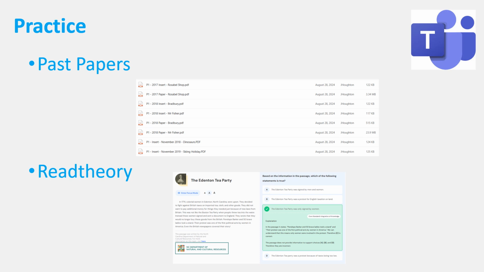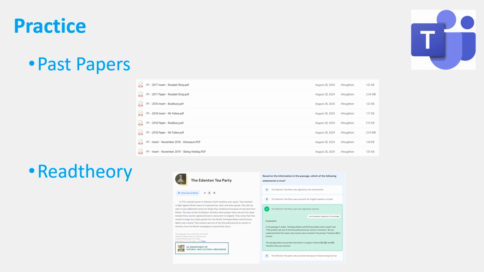However, there are lots of things which are great about it. First of all, it's free, and secondly, it broadly mirrors the kinds of skills that are being tested in the English language exam. It asks you to read a text analytically, to read it closely, to make sure you are reading for meaning and pulling out the kinds of methods that writers are using.